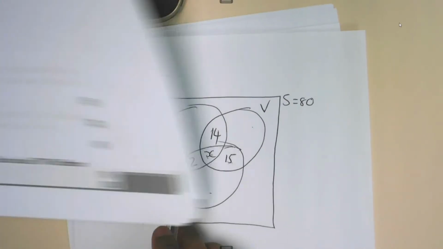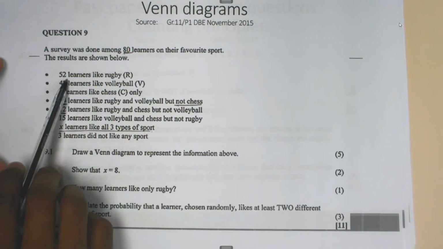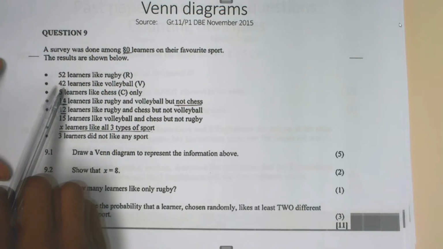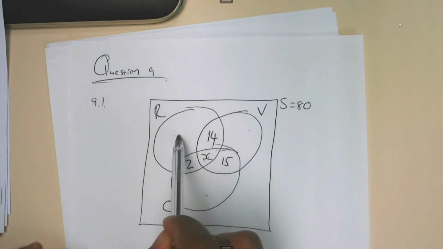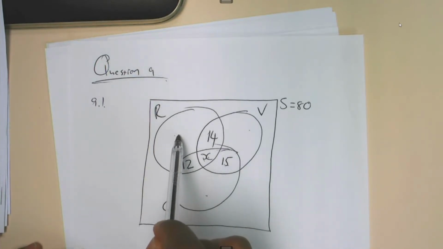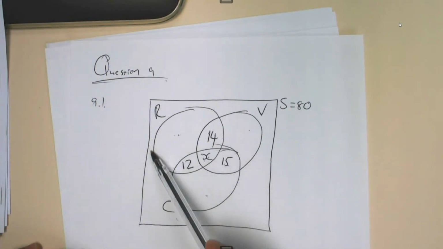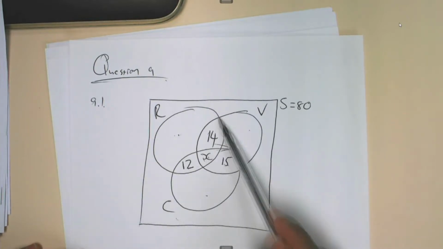And then, what else are they telling us here? The first bullet here says 52 learners like rugby. It's quite important for you to know that 52 learners like rugby, and they did not say 52 learners like rugby only. Let's go back to our regions. This is rugby only. So they said 52 like rugby. It means the entire event of rugby should be a total of 52 learners.